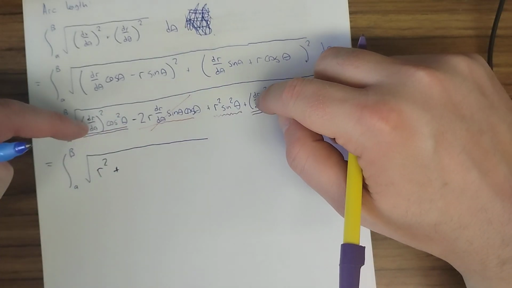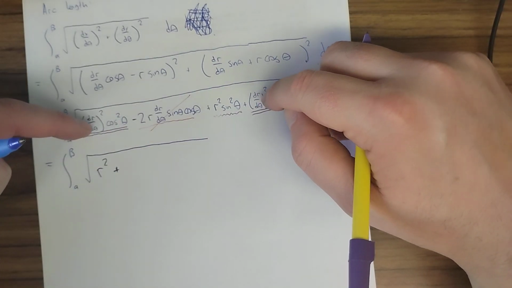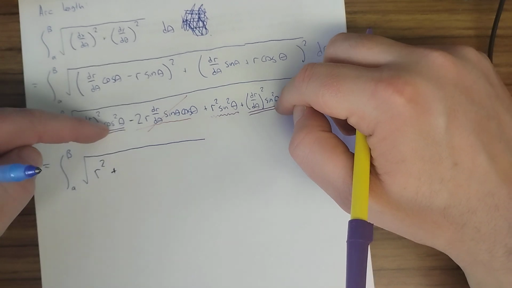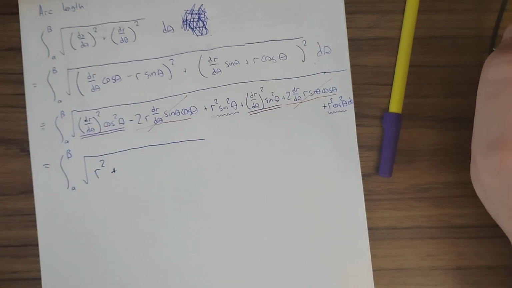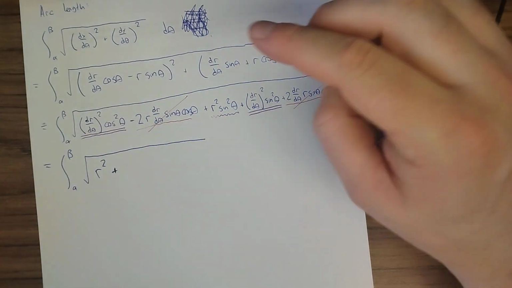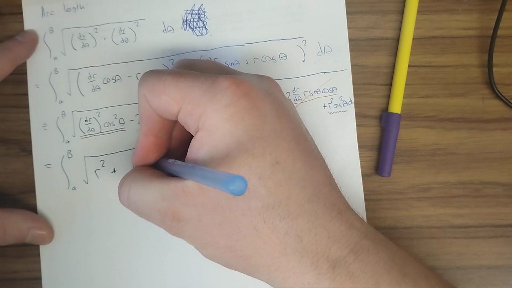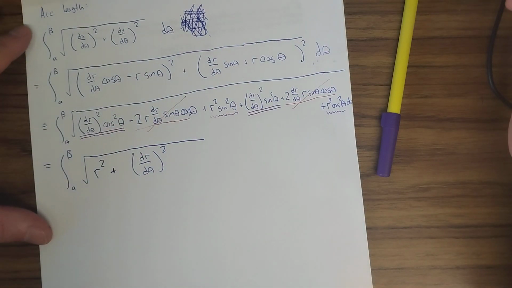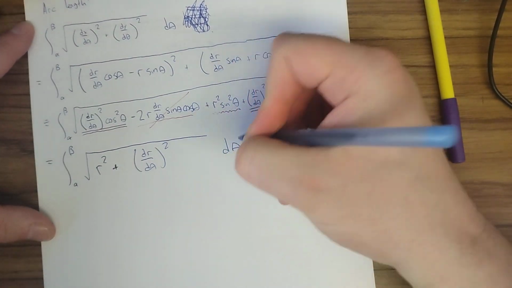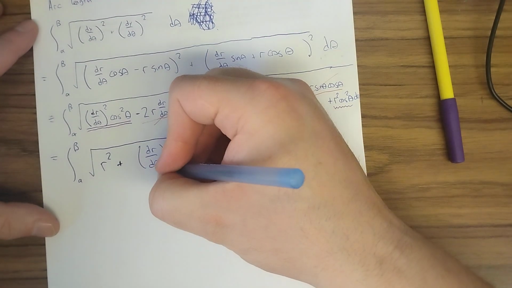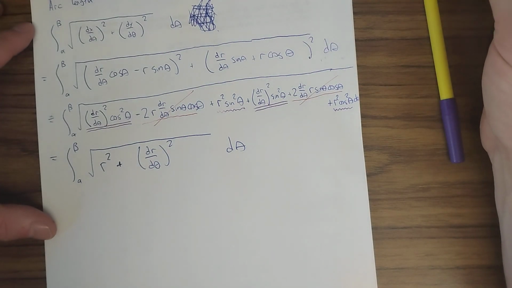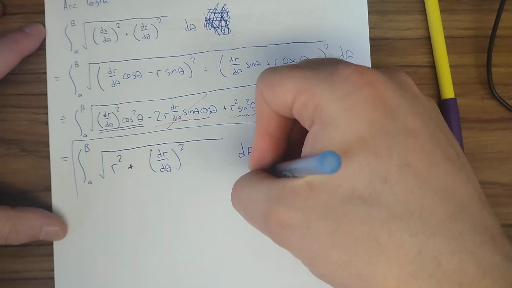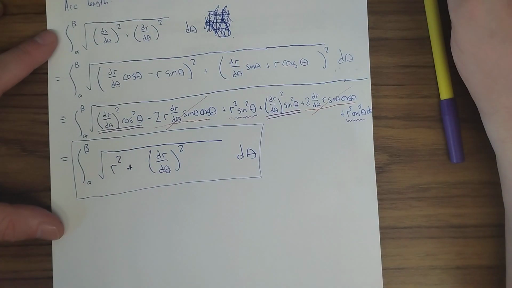So I can pull dr over d theta squared out of this, and then I'm just going to have 1, because if I pull that out, then I'm going to have a cosine squared plus sine squared. In other words, I've just got that. And that's everything. So like I said, that simplified quite a bit. And this is our formula for arc length in polar coordinates.